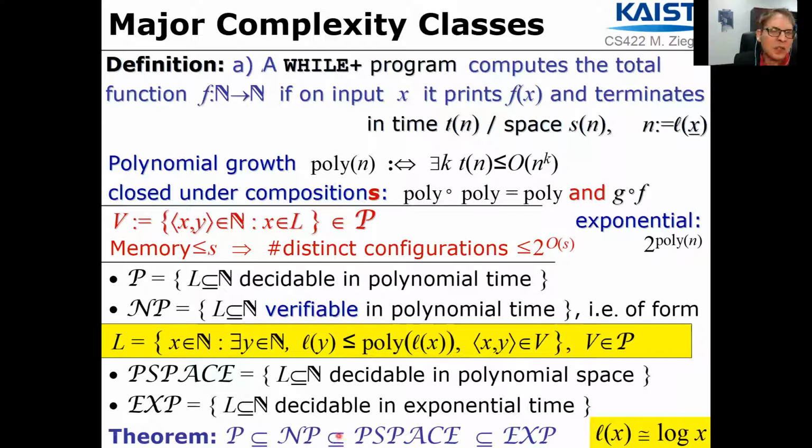Here we're concerned with the amount of memory, and the amount of memory here is indeed bounded polynomially, because any such computation can now try all possible candidate witnesses y.